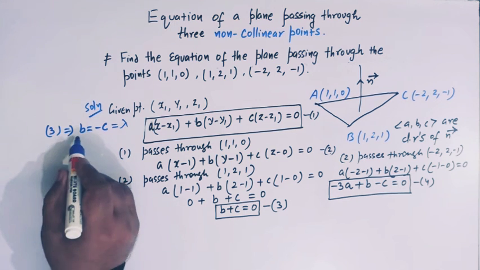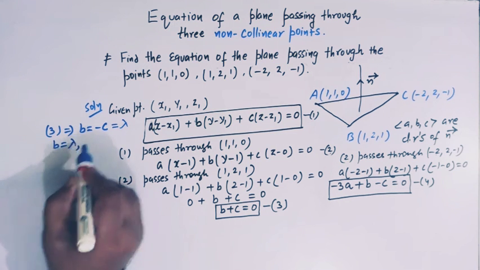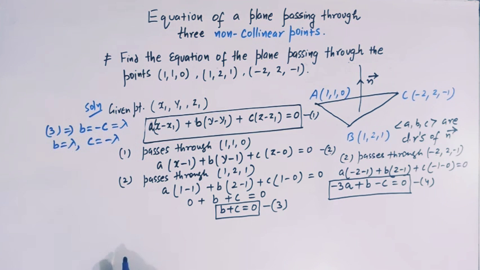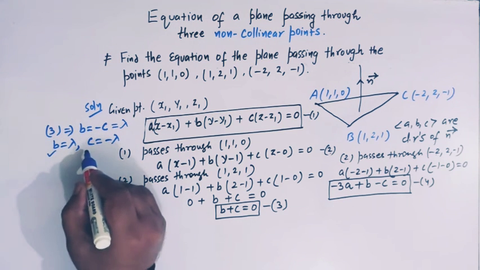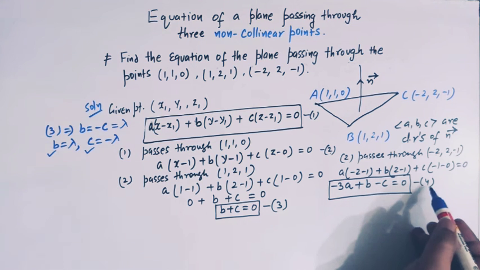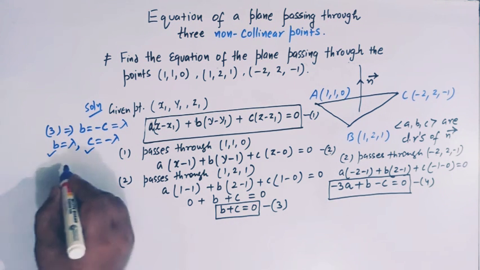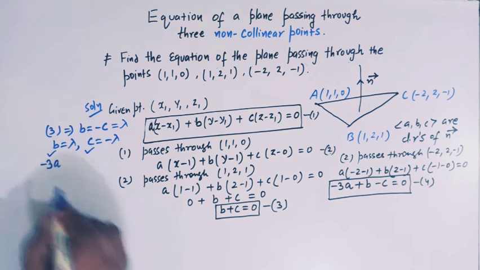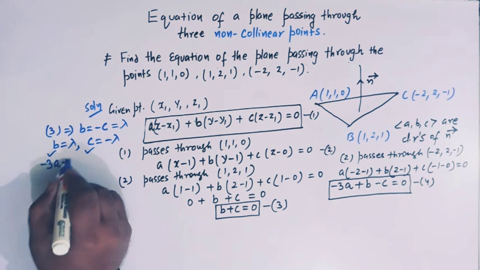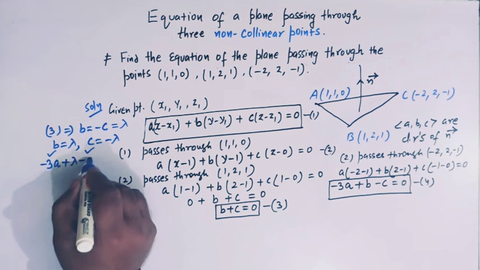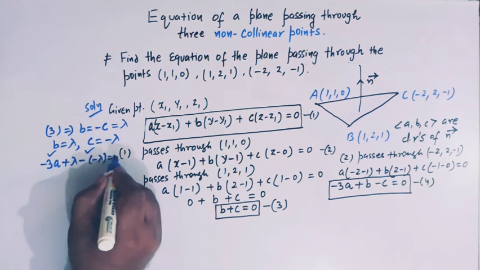So b can be written as lambda and c can be written as -lambda. Substituting the values of b and c in equation number 4, we get -3a + lambda - (-lambda) = 0.